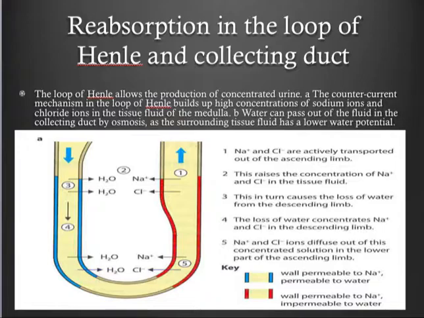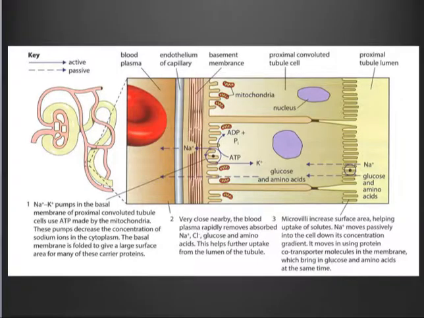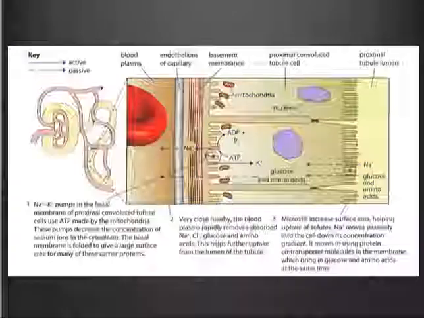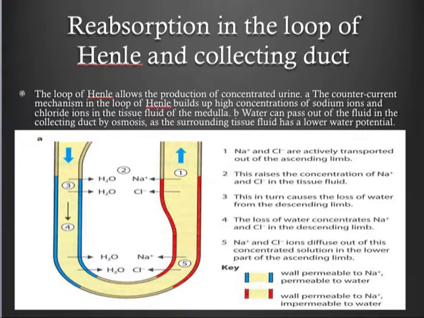And sodium ions move passively into the cell down their concentration gradient. They move in using these protein co-transporter molecules in the membrane, which bring in glucose and amino acids as well as those sodium ions. About 1/3 of our nephrons have these long loops of Henle, and these dip down into the medulla.